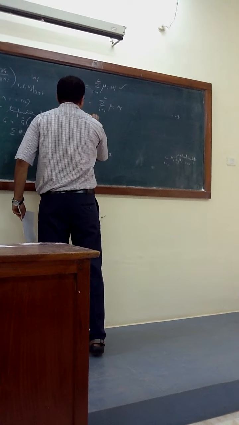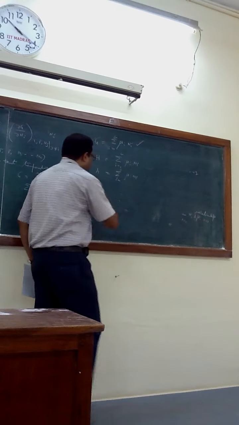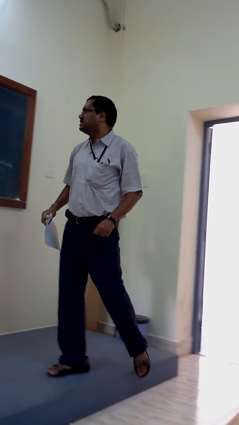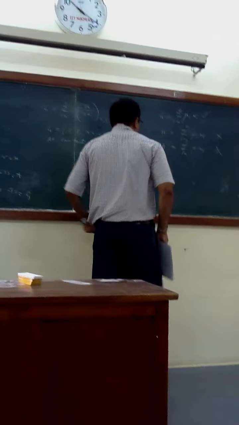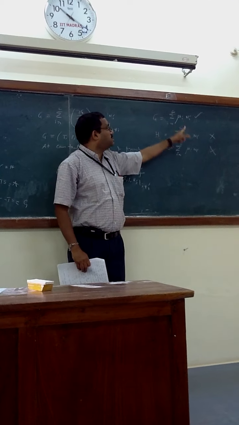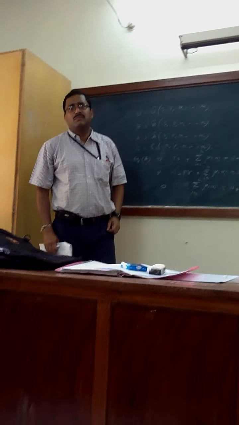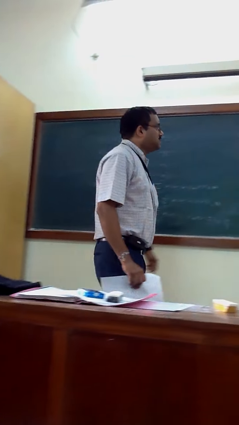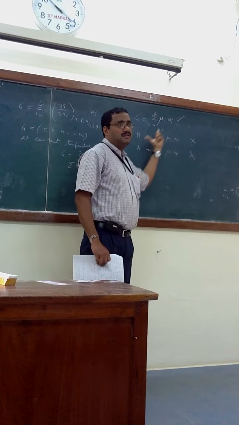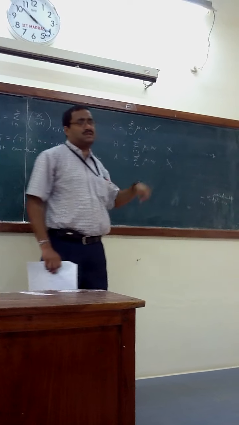Can I write A equals summation i equals 1 to C of mu_i N_i? The answer is no. So from Euler's theorem, if I want to write this kind of expression for H, analogous to this, this won't be mu_i, it will be something else. What should it be?